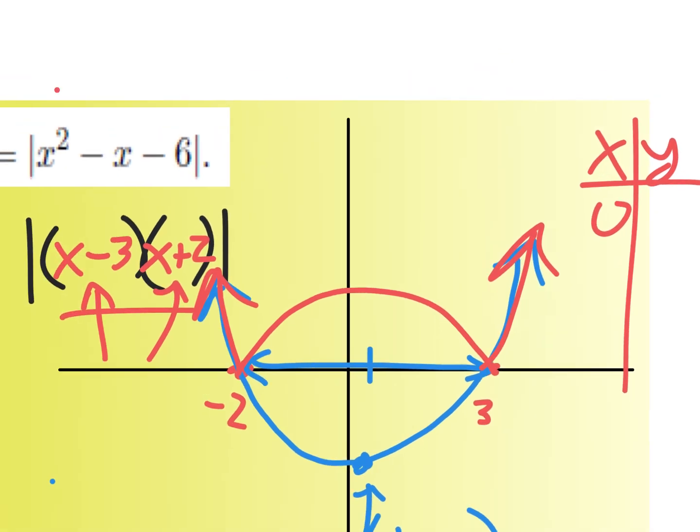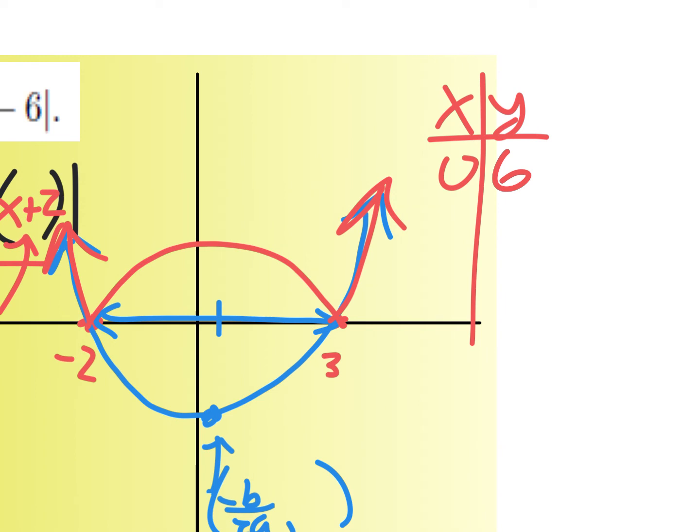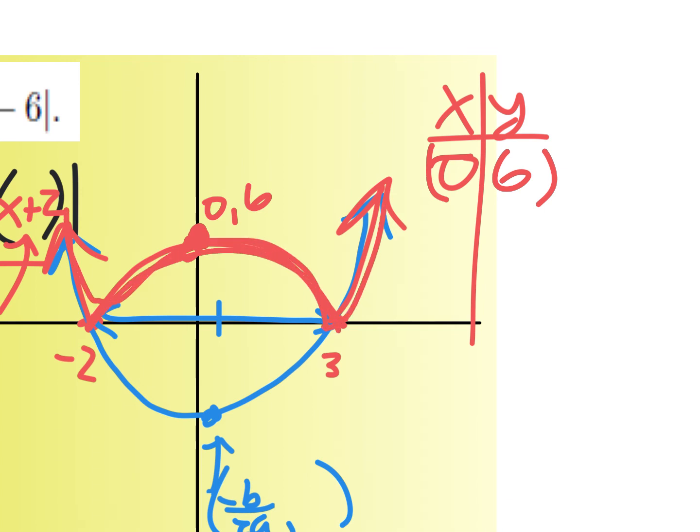Stick 0 into this, and you'd get negative 6, but the absolute value of that is 6, 0 comma 6. If you just really want the graph, it's easy. Just find a bunch of dots and connect the dots. And you'd find that it was looking like this because we know how when you absolute value on the outside, the things that were negative flip up.